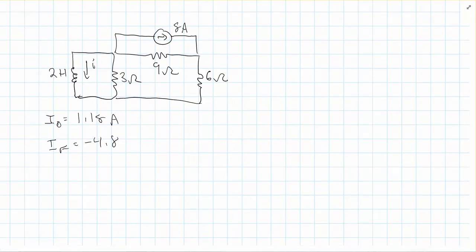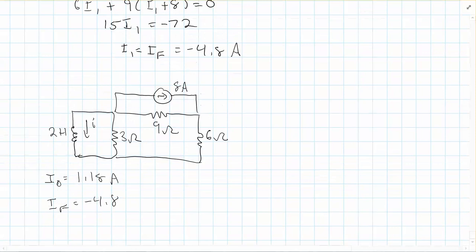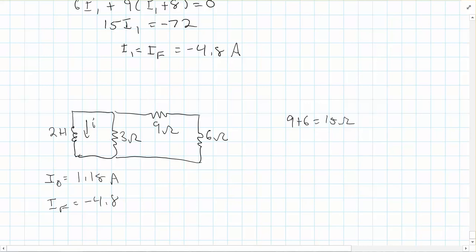And again, I have to find R equivalent. So we turn off the power supplies, which means this 8 ohm becomes an open, so it just disappears. Then we've got 9 in series with a 6, so that's 15 ohms. I'll redraw what we have here.